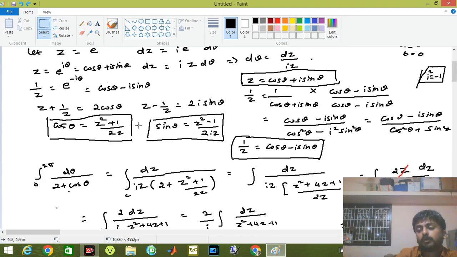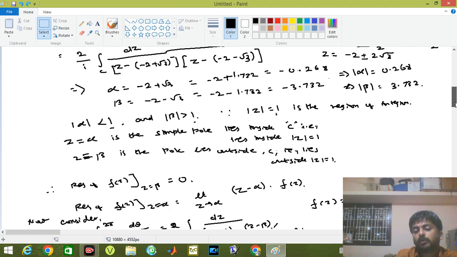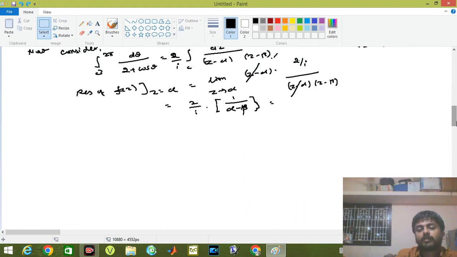So that is equal to 2 by i into 1 by alpha minus beta, that is 1 divided by alpha minus beta.